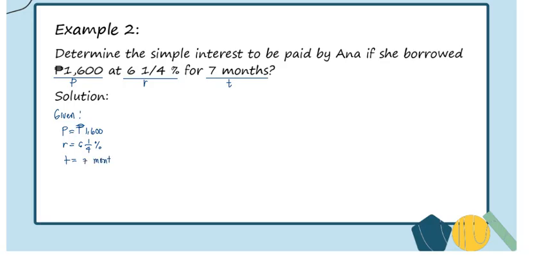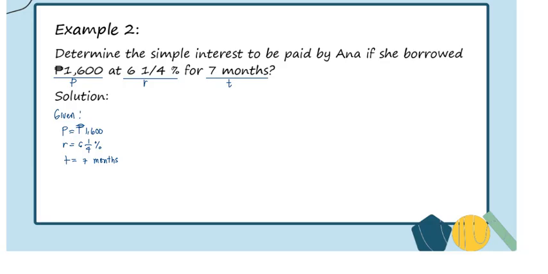And again, we have a strict requirement for our rate and time. Okay lang tayo sa ating principal kasi it's in pesos or any currency could work. But for our R, it has to be expressed in decimal form. So we have to express 6 and 1/4 in decimal form. So we have to arrive at its decimal equivalent.